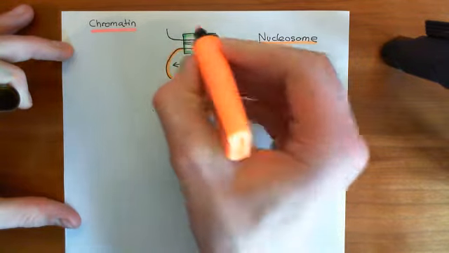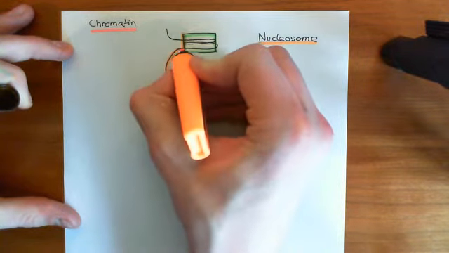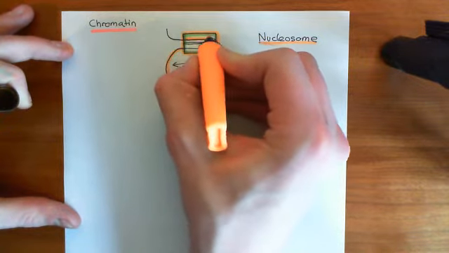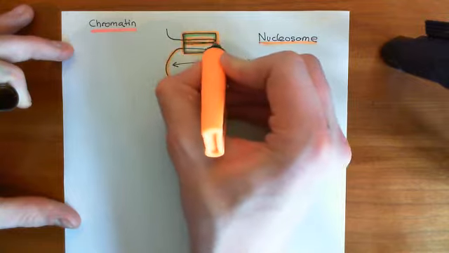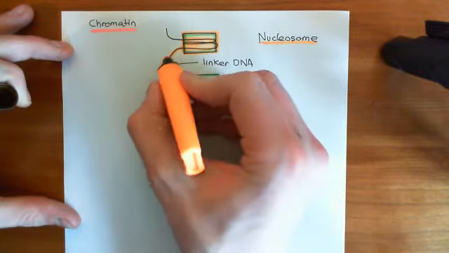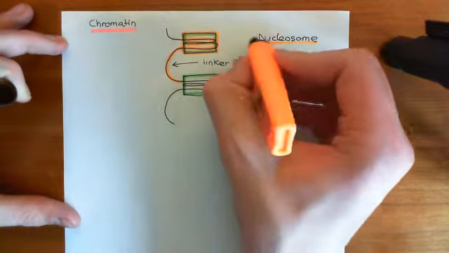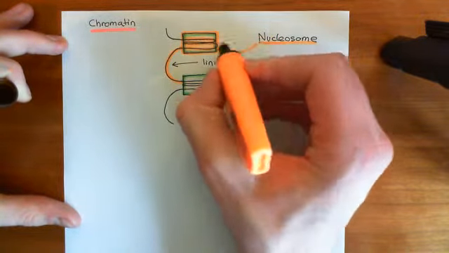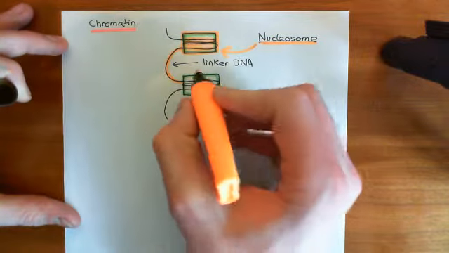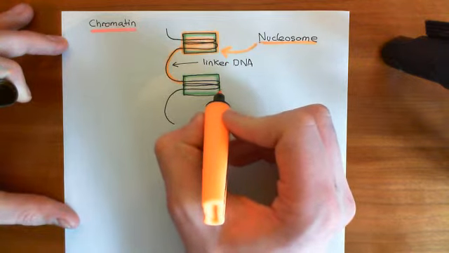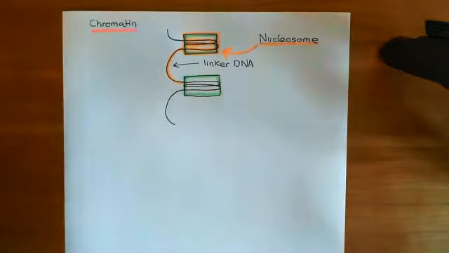So in fact, a nucleosome consists of the histone core complex with the DNA wrapped around it, which I'll show in orange here, along with the linker DNA that takes one to the next histone core complex. That is the repeating structure of chromatin. You repeat this multiple times to produce a piece of chromatin. So that's the concept of chromatin and the concept of a nucleosome.